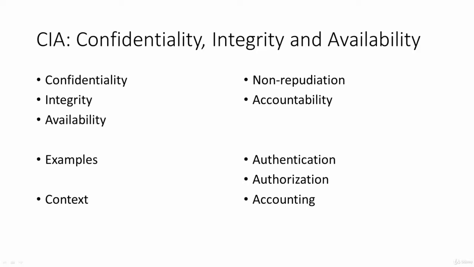So security is not some general term. It breaks down into very specific features of objects that we have to protect. And ethical hackers do that by trying to compromise these features.